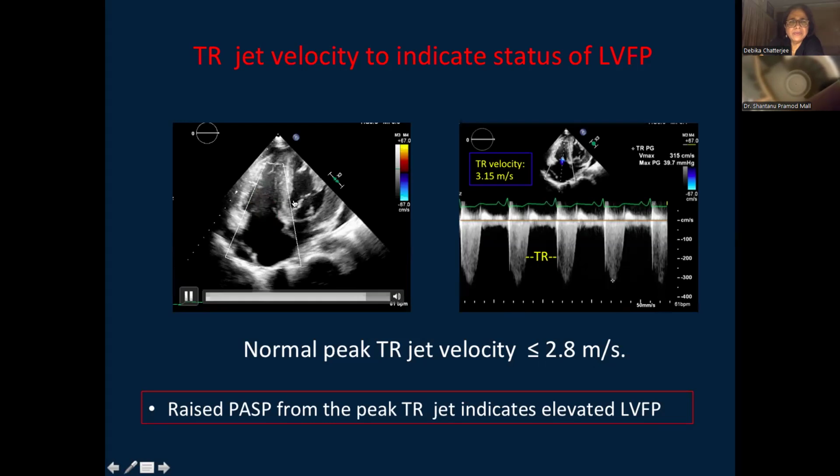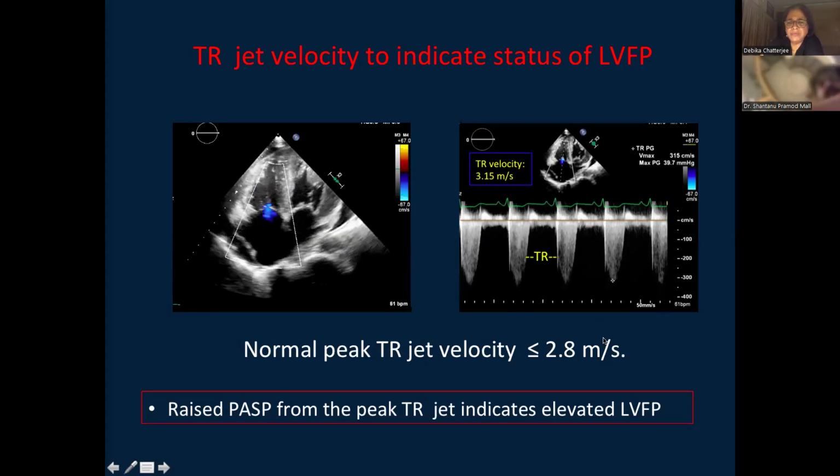But here in this particular case, the velocity is 3.15 meter per second, which is high, which shows the patient is having pulmonary arterial hypertension, with a gradient of 40 millimeter of mercury of the TR jet. So the raised pulmonary arterial systolic pressure from the peak TR jet indicates that the patient is having elevated LV filling pressure.